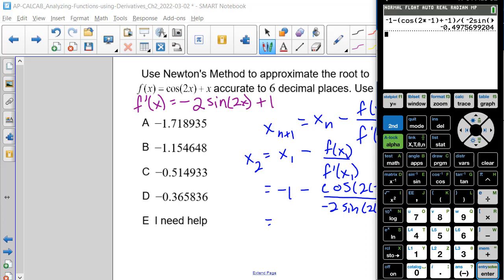All right, so now we got to enter this formula back in, but wherever there's that -1, we have to put in the answer.